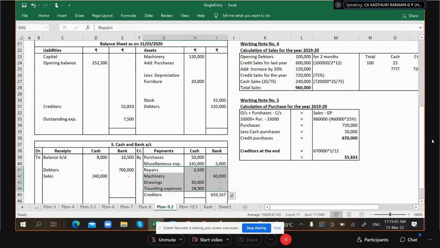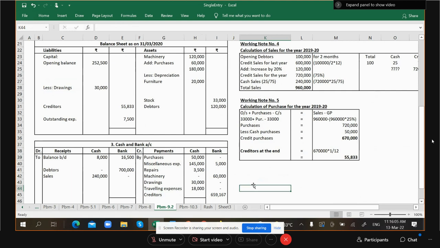So repair and traveling expense will go to P&L. Machinery, you have to add it to purchase of machinery. So what is the total of machinery? 1,80,000. Drawing should be deducted from capital.